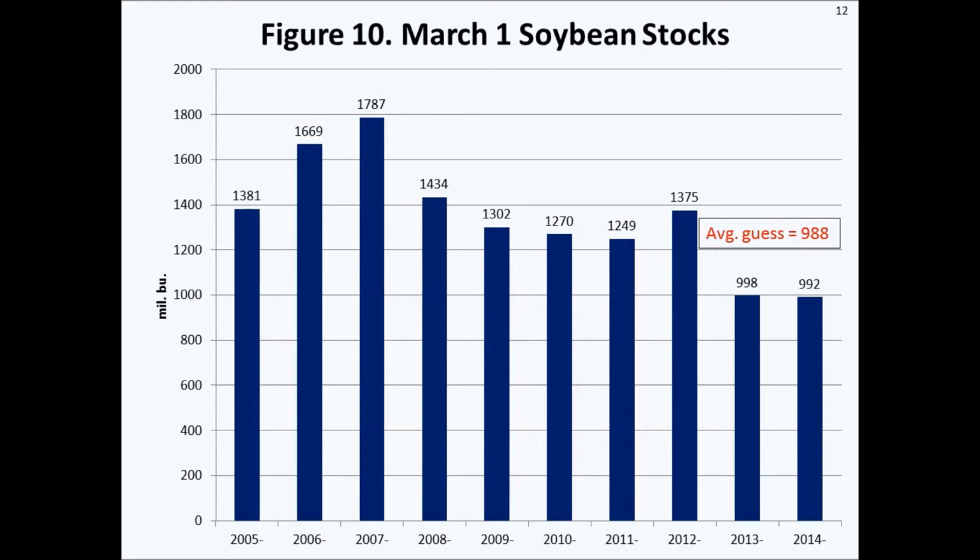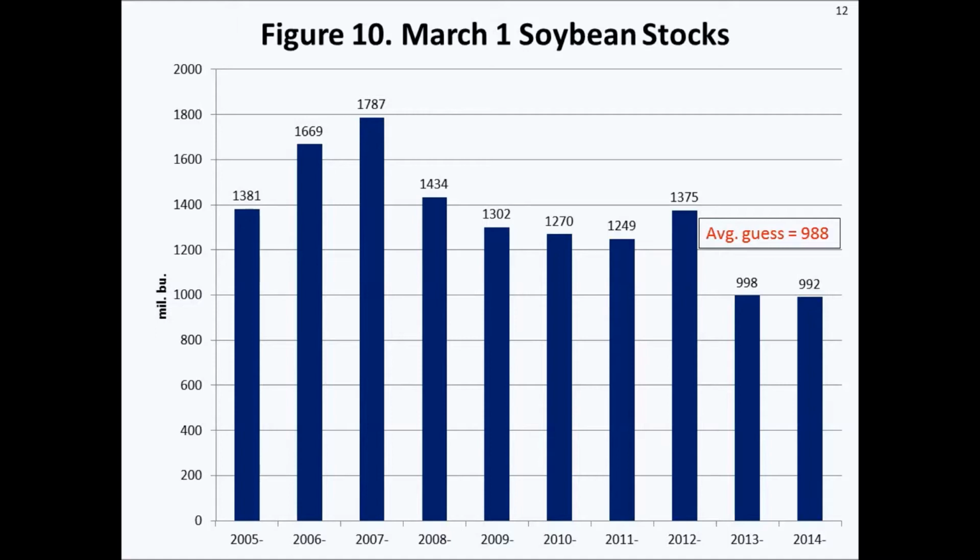That would be about 150 million bushels smaller actually than the 2013 crop. Adding to that our beginning stocks and imports, we would see a total supply of about 15.25 billion bushels of corn for the 2014 marketing year.